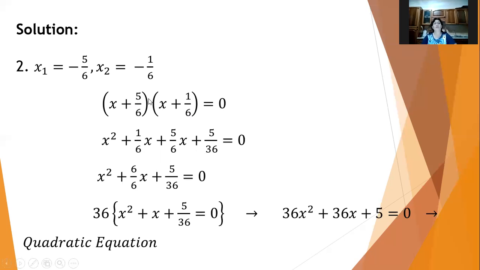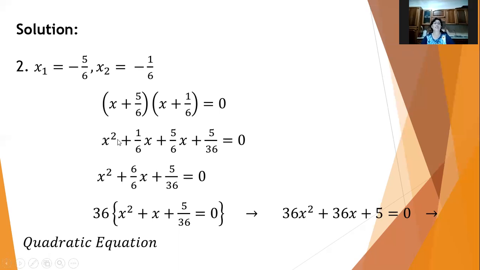Then applying the FOIL method, x times x is equal to x squared. x times 1 over 6 is 1 over 6x. 5 over 6 times x is equal to 5 over 6x. 5 times 1 is equal to 5. 6 times 6 is equal to 36. Is equal to 0.